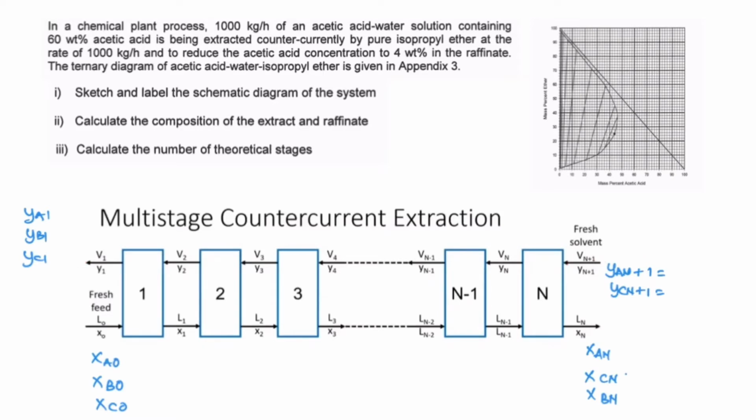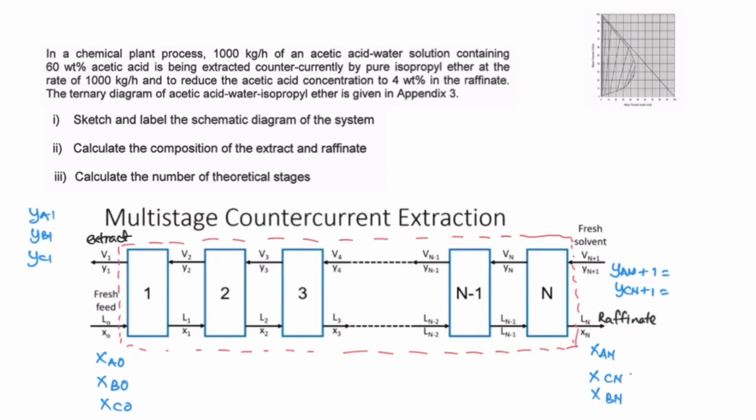You need to label V1 as your extract, Vn plus 1 as your solvent, L0 as your feed or fresh feed, and Ln as your raffinate. You just need to draw the block diagram of the multi-stage countercurrent extraction. You don't need to draw what's inside.